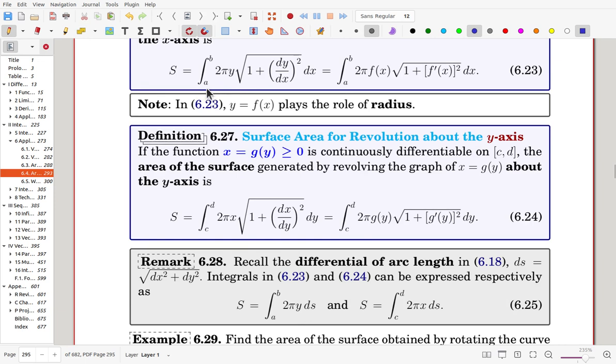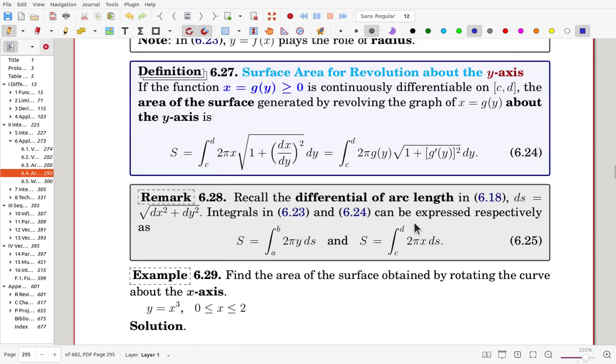S is integral from a to b of 2 pi y ds, and also for this one, from c to d of 2 pi x ds, so simply we can write in this way. But practically we use the earlier terms when we try to get the value of the surface area in computation.